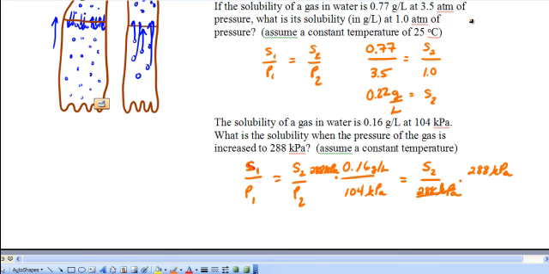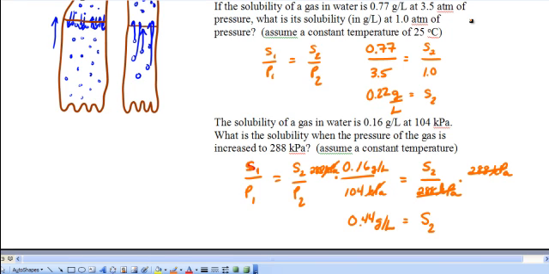So these terms divide out top and bottom, both the units and the number. Over here, the kilopascals divide out with kilopascals top and bottom in that fraction. And so now if you take your 288 times 0.16 divided by 104, you get 0.44 grams per milliliter. So S2 is going to equal 0.44 grams per liter. Excuse me, not grams per milliliter, grams per liter.